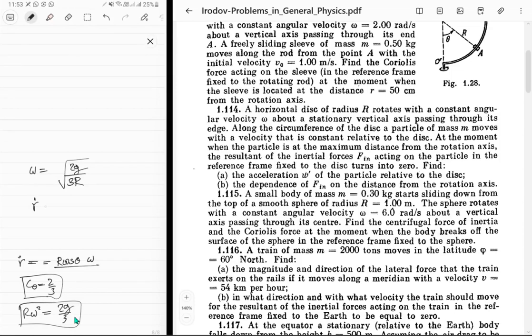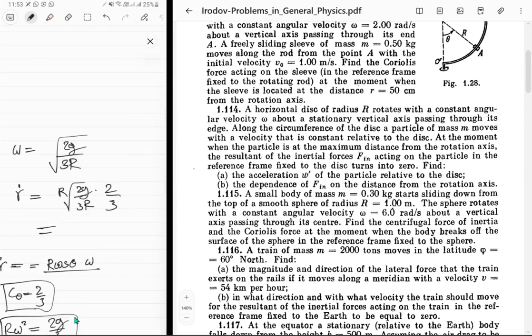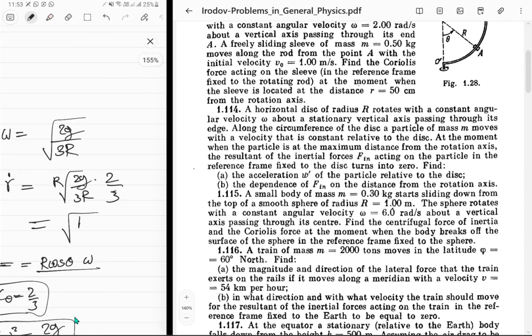So r dot is just r square root of 2g upon 3r, and that times cosine theta, which is 2/3. So this will be the square root of 4 upon, oh no, it's supposed to be 2 squared, and it's like 8 upon 27. Or you can just put 2/3 power of 3 upon 2, that might be better.